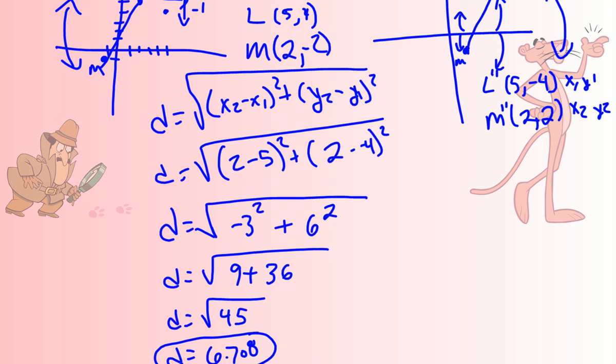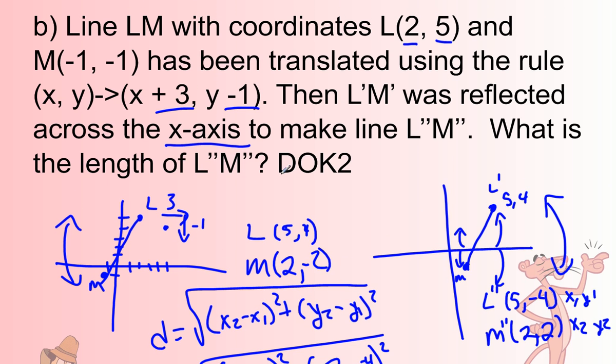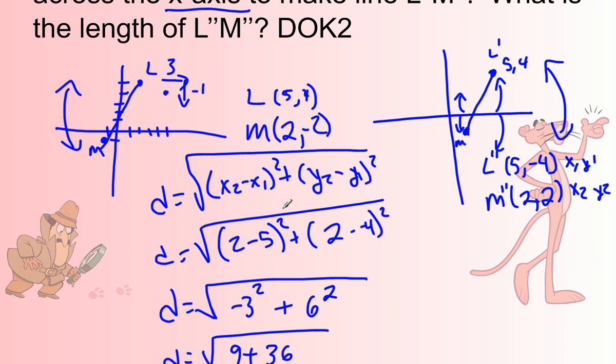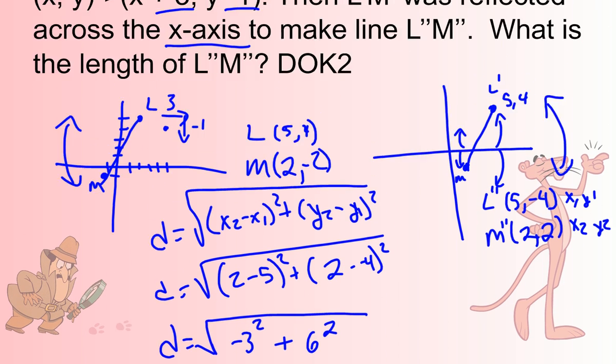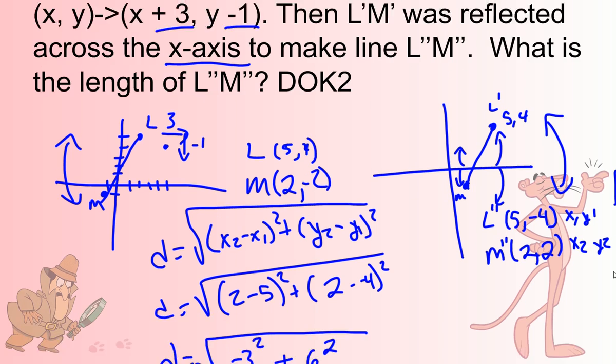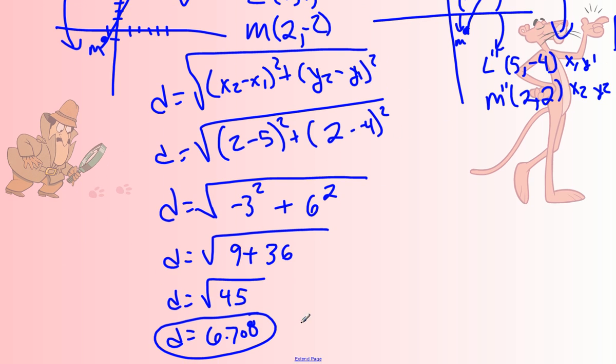So the length of L double prime M double prime is 6.708 after all of those steps: doing the translation, doing the reflection, finding the coordinates of the new points, plugging them into the distance formula, and boom. Now, if that's what you did and you got it all right, congratulations, great job. I'm going to show you the easy way.